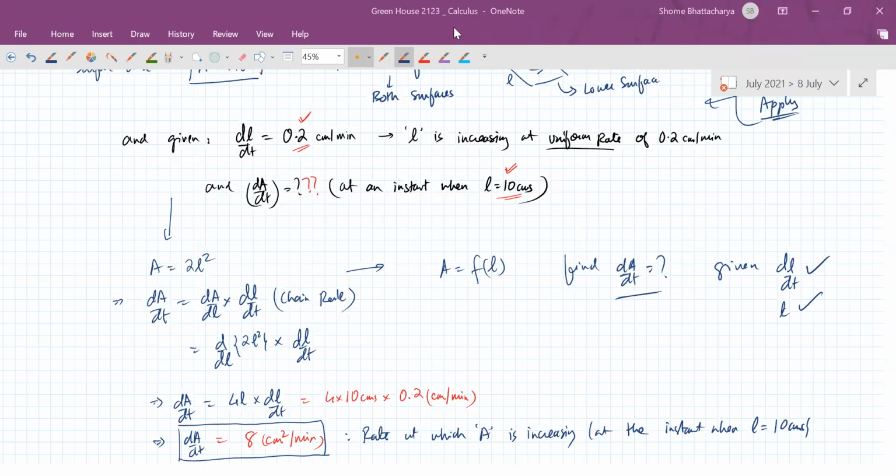I'll just change my speakers. Yeah, can you repeat what you're saying? Sir, I was saying that how did the surface area come 2L square?